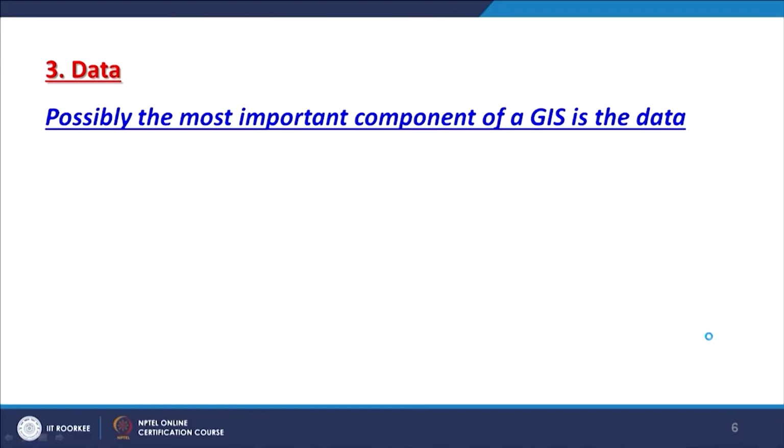The richer your GIS database is for an enterprise or an organization, the more analysis you can do on it. But if it is not rich in good quality, clean data, then such analysis cannot be performed. So possibly the most important component of a GIS is the data.